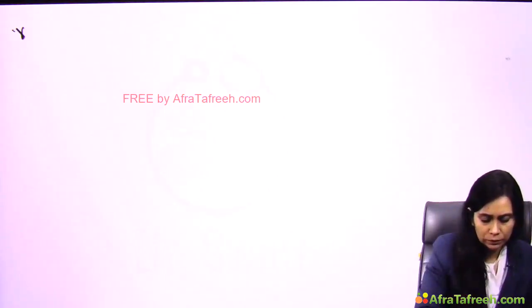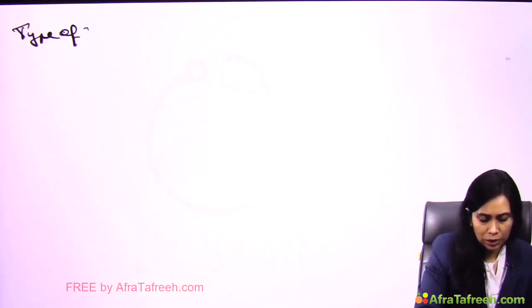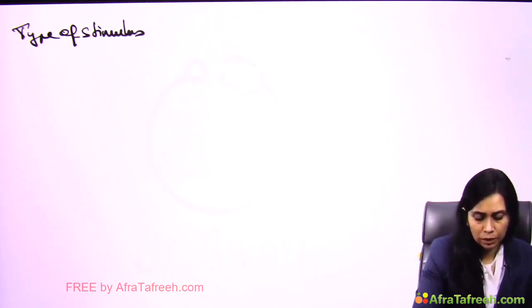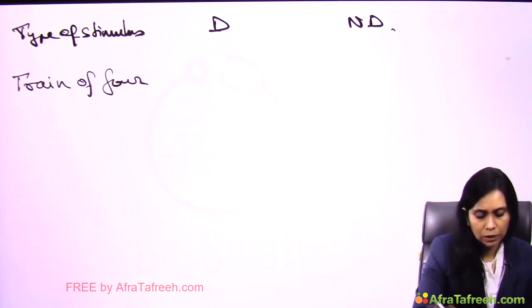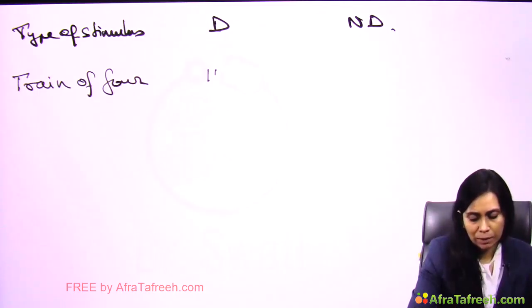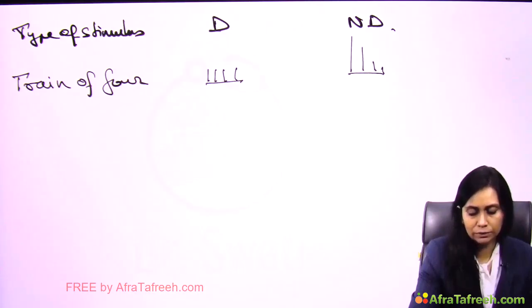Type of stimulus: depolarizing, non-depolarizing. If I give a train of 4 stimulus, then in depolarizing, lesser amplitude contraction. In non-depolarizing, I get a fade.